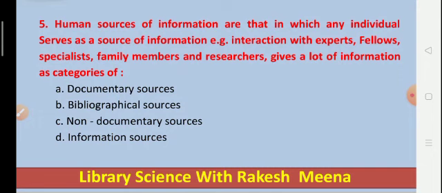For example, interaction with experts, fellows, specialists, family members and researchers gives a lot of information, categorized as. Option A is the documentary sources, option B is the bibliographical sources, option C is the non-documentary sources, option D is the information sources. So guys, read the question carefully and tick the correct right answer.